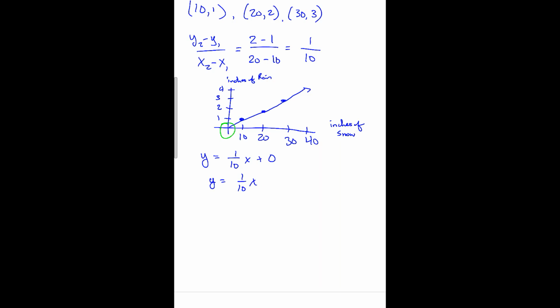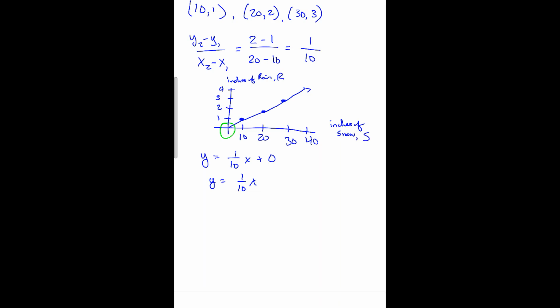Now, on this particular problem, it's different letters. We're not using x's and y's. In this case, the rain is denoted by R, and the inches of snow is denoted by S. All right?